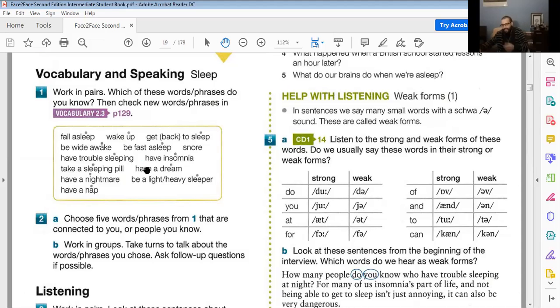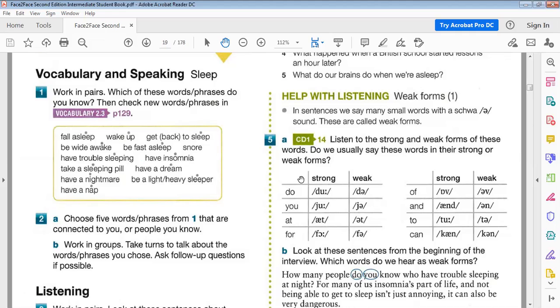So dreams, I think, are interesting. So you can use these words to talk about your sleep patterns or your sleep habits. I think also some people have nightmares. Some people need sleeping pills because they have trouble sleeping. So let's see some of your stories. You don't have to talk about yourself, even people you know, colleagues, maybe family members.